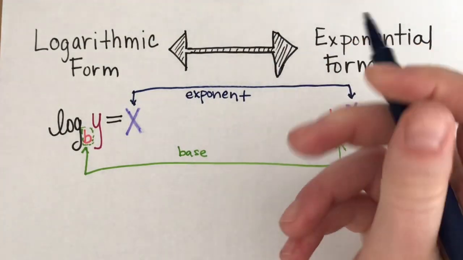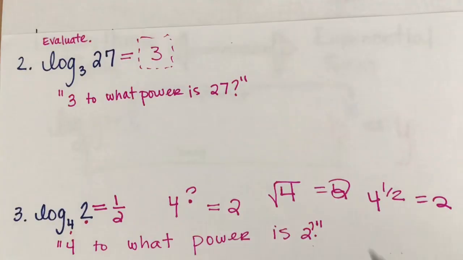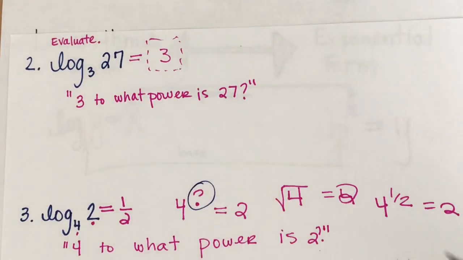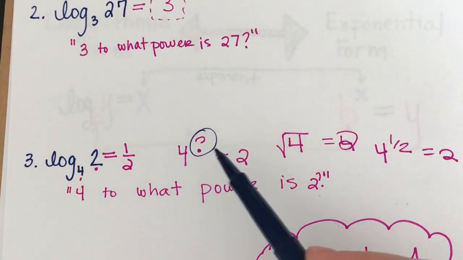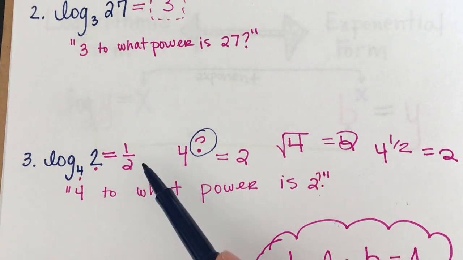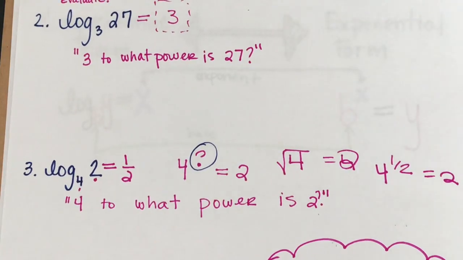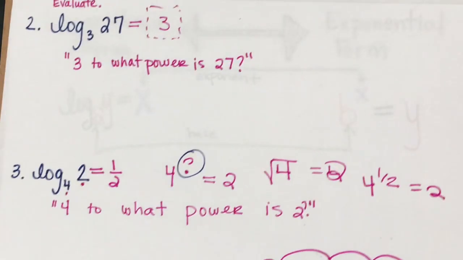So when we were answering all of these questions, I was looking to figure out what my exponents were. And when I figured out my exponent, my log was equal to that exponent. So logs are exponents.